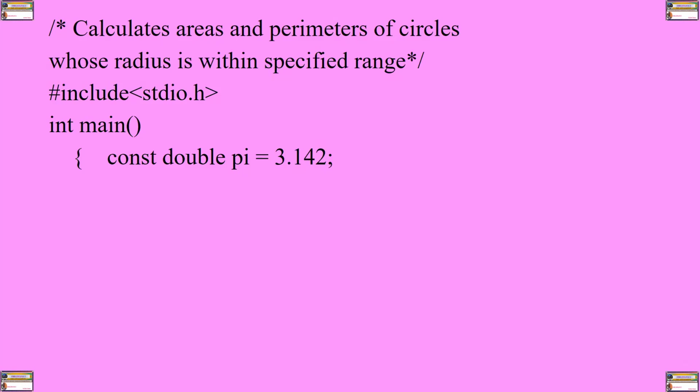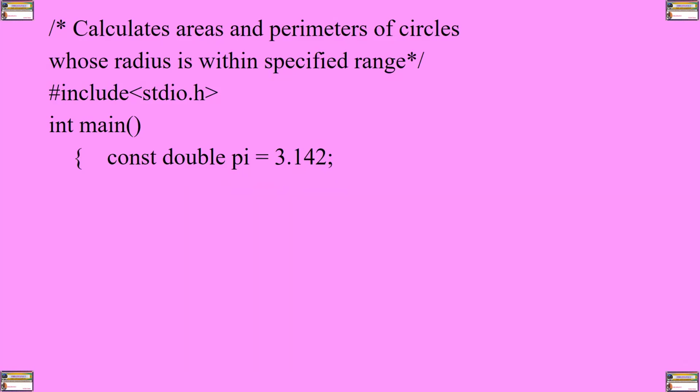So we are declaring a memory location called pi, and we are telling the compiler that the content in this memory location should be of type double, and that the value is not supposed to change. And once we have done that, we tell the compiler or the processor to assign 3.142 in that memory location that we have already declared, called pi.